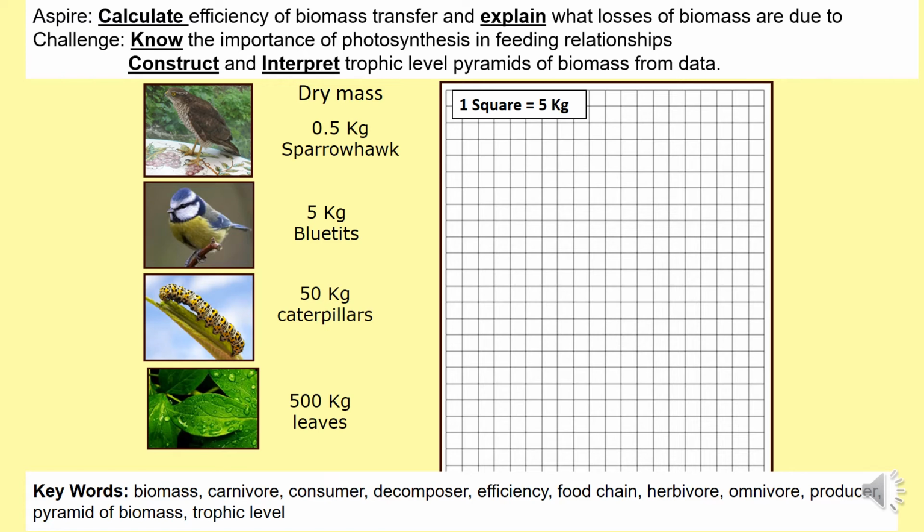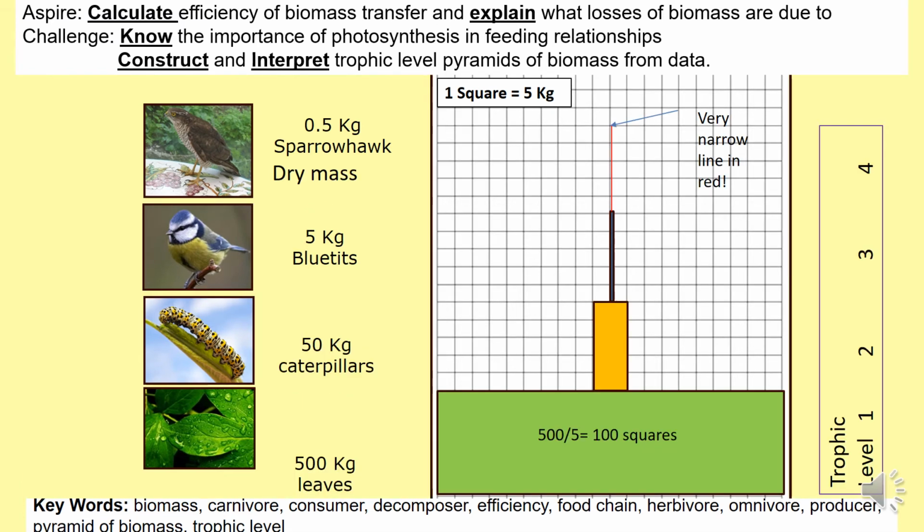So let's look at what that would look like if we spent some time drawing it. As I've said, 100 squares at the bottom, 10 squares, 1 square, and then we have this very, very narrow line that I've drawn slightly to one side so we can see it at the top, that represents basically 1/10 of a square.